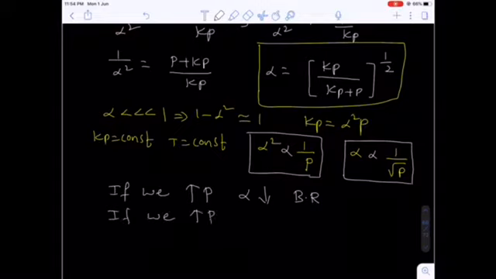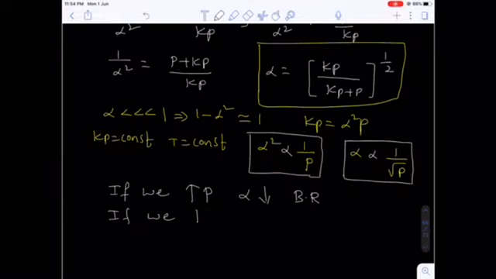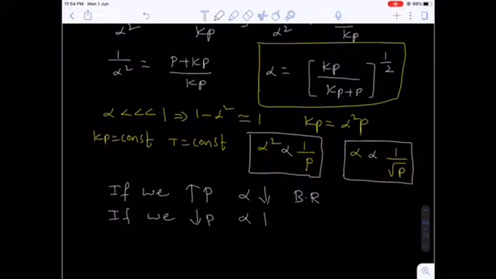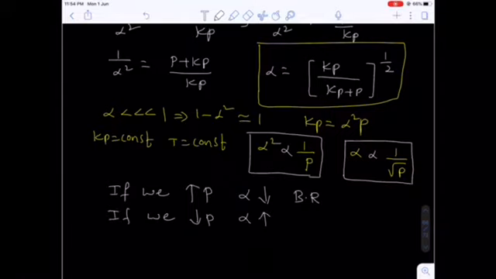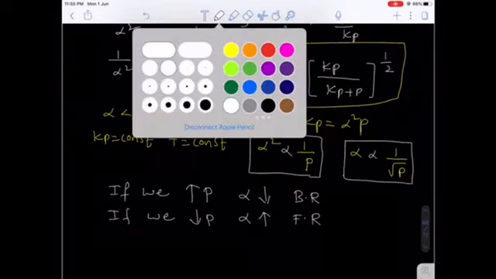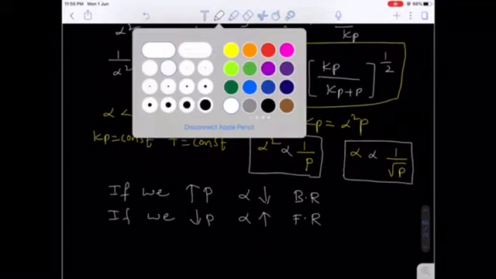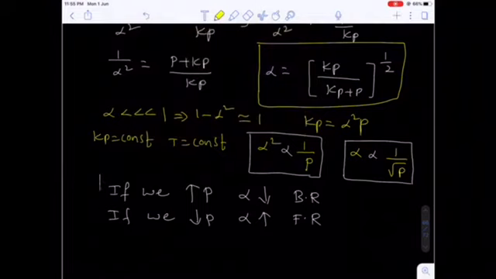Let's suppose we decrease the pressure, then alpha will increase because both are inversely proportional. Are you getting my point? When the degree of decomposition increases, the system tends to move in the forward direction, and these 2 points are very important points.